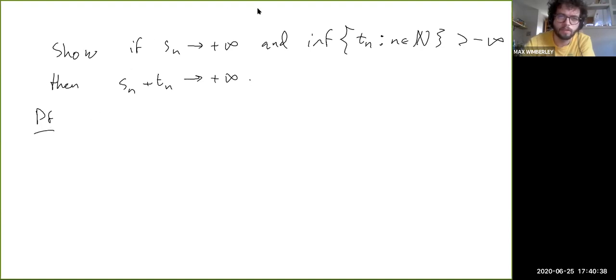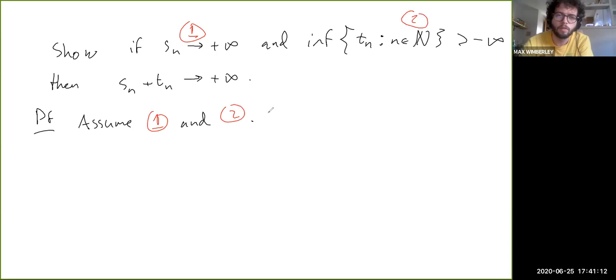Just for convenience, let's call this assumption 1, and let's call this assumption 2, right? So let's say we assume 1 and 2.